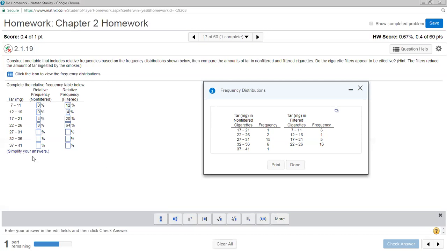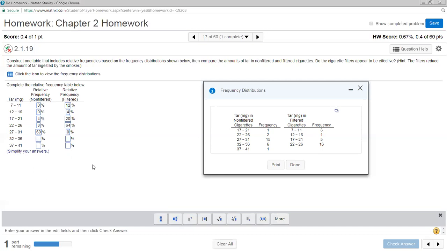And then for those that have tar content from 27 to 31 milligrams, for non-filtered cigarettes, that would be 15 divided by 25 times 100, or 60%. And then for filtered cigarettes, there is no range 27 to 31, so for filtered, that would be 0.